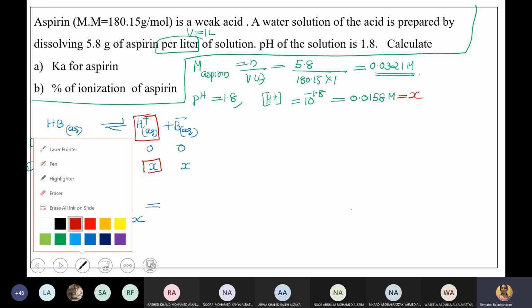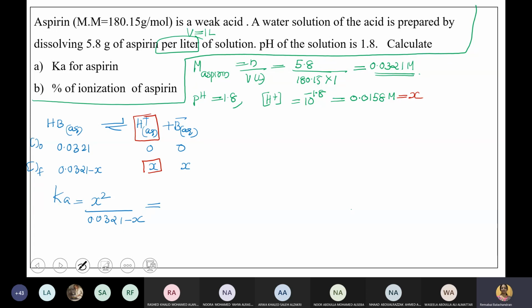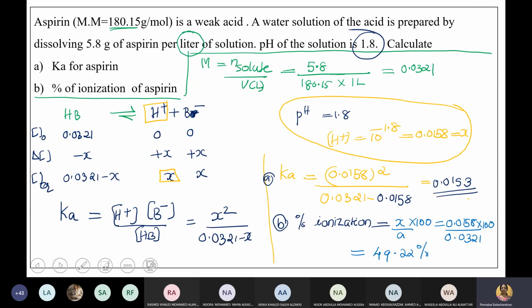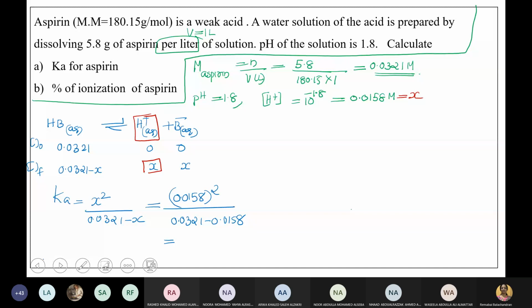So now tell me, it is 0.0158 square over 0.0321 minus 0.0158. Did anyone get the answer? It is 0.0153, correct? Check please. Okay, this is Ka.